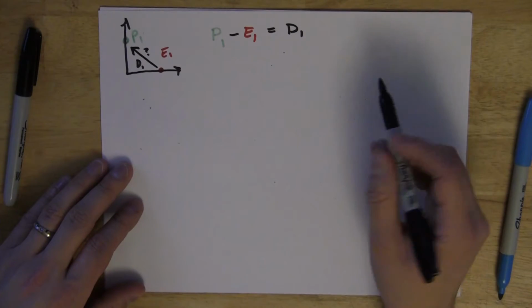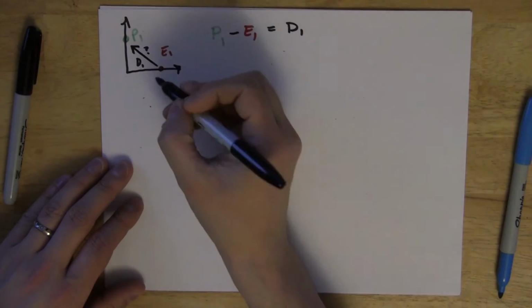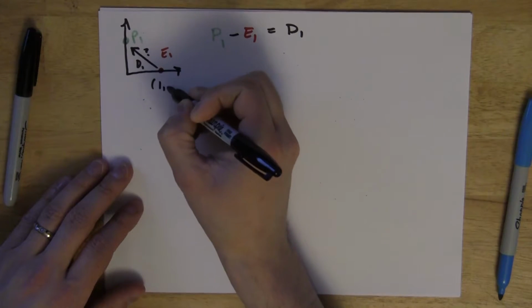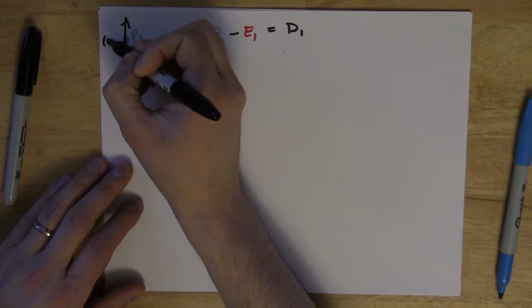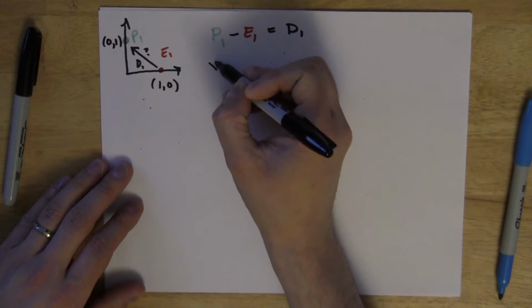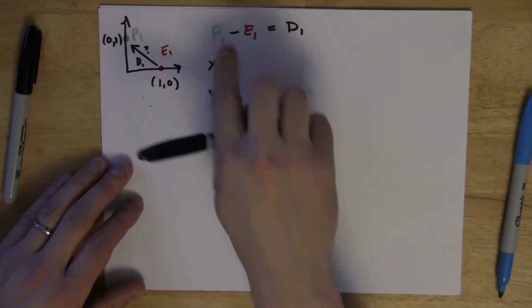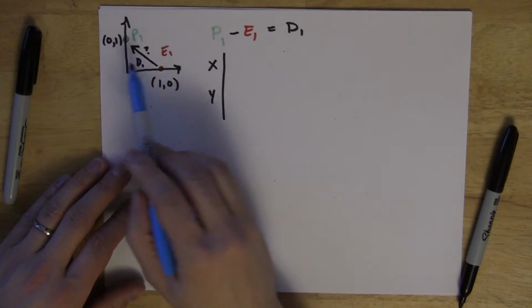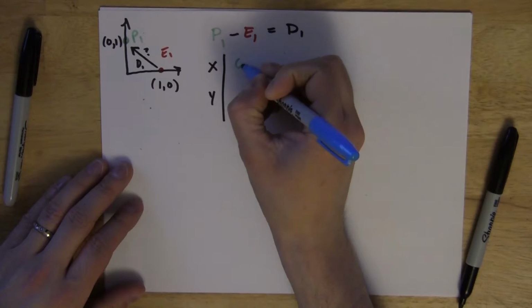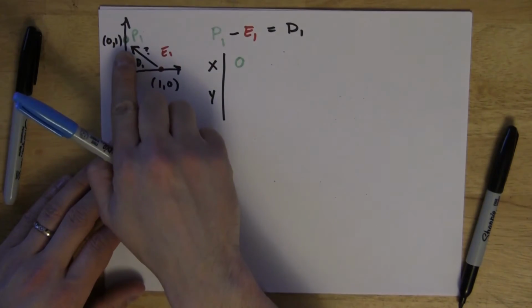All right? So, all we need to do is take the components. So we're going to assume the same components from before. This is 1, 0, and this is going to be 0, 1. All right? So let's put those values in. Remember, we're dealing with the x on the top and the y values on the bottom. So for P1, our x value is 0, and our y value is going to be 1.